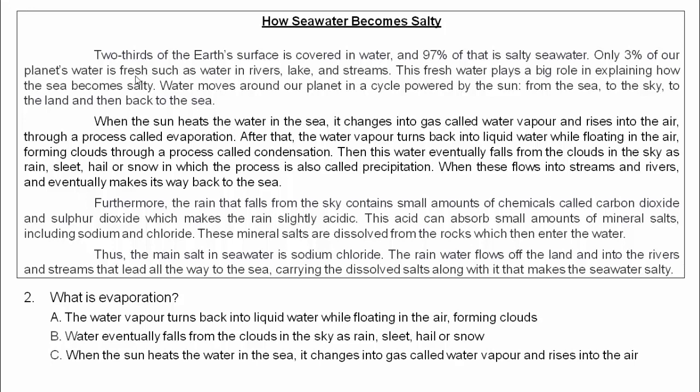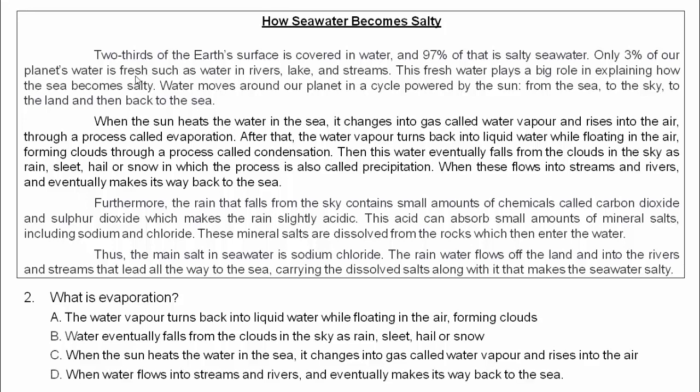C. When the sun hits the water in the sea, it changes into gas called water vapor and rises into the air. D. When water flows into streams and rivers and eventually makes its way back to the sea. Okay, 10 seconds from now to answer the question.